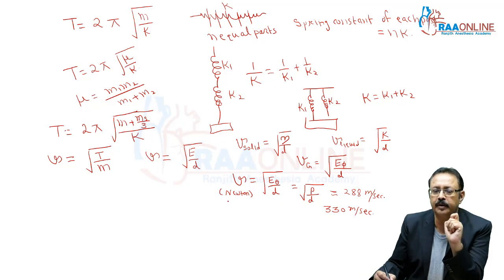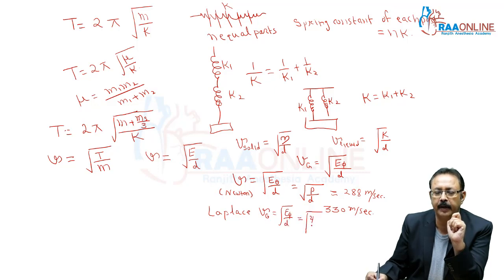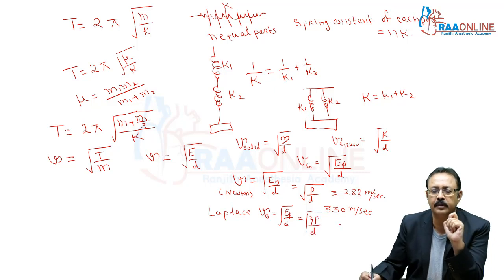So after Newton, Laplace corrected this: it should not be E theta, it should be E phi. For gases, it should be E phi by D. And E phi means adiabatic elasticity, which is gamma times the pressure of the gas. Gamma means Cp upon Cv.